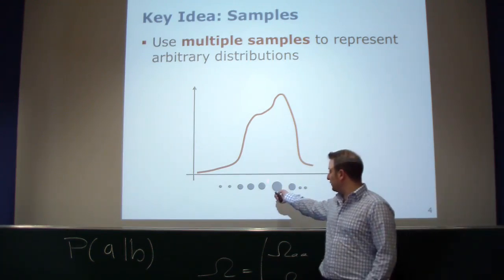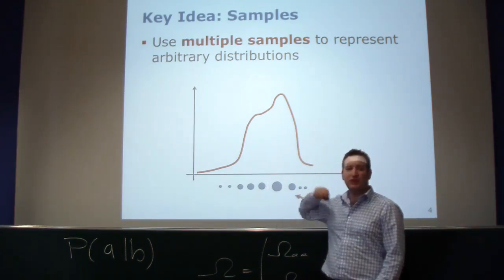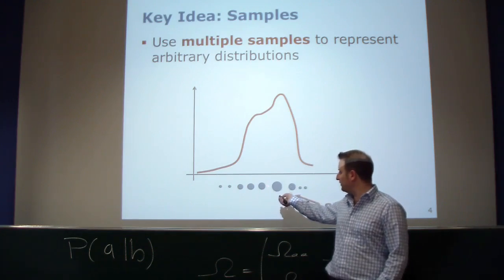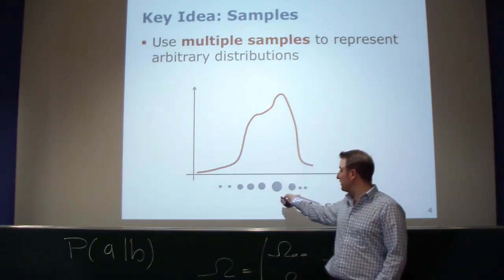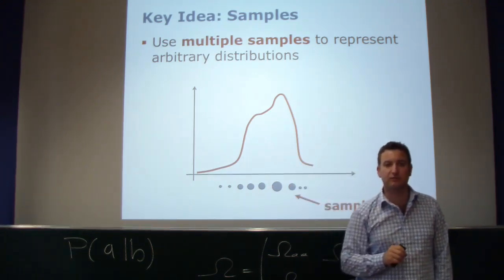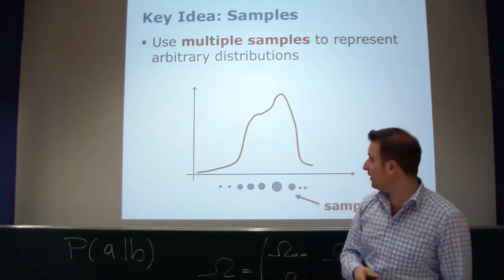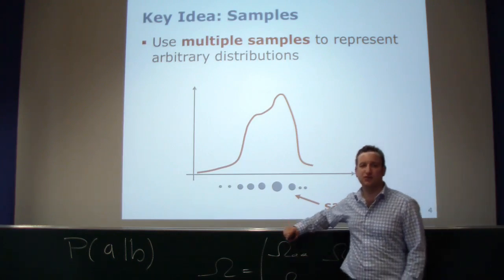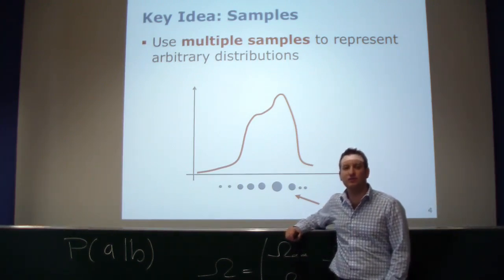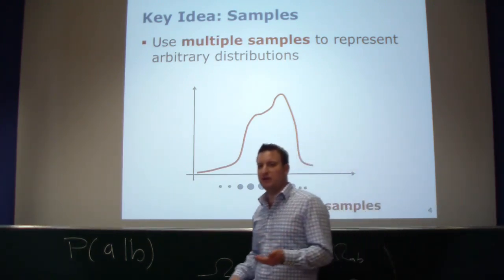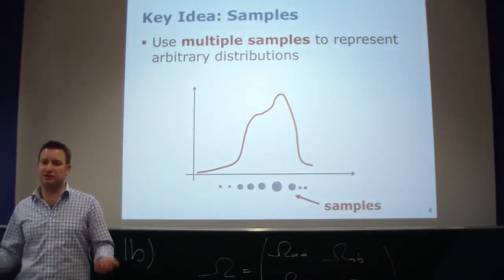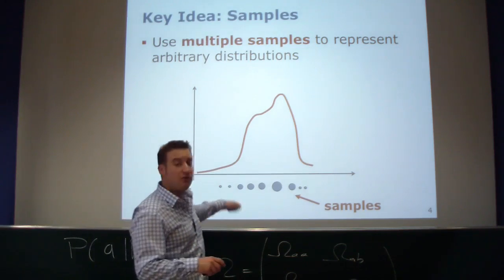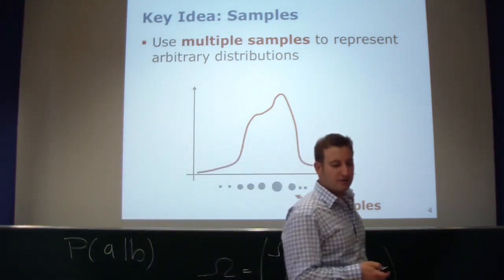If I cut out a small area between two samples and ask what's the probability of this area in between, I look up here, oh, it's a pretty high probability, but there's no sample in this small space. So it's clearly a technique which approximates the distribution, but it gives you the full flexibility to represent an arbitrary distribution. The more samples you use, the better your approximation is.